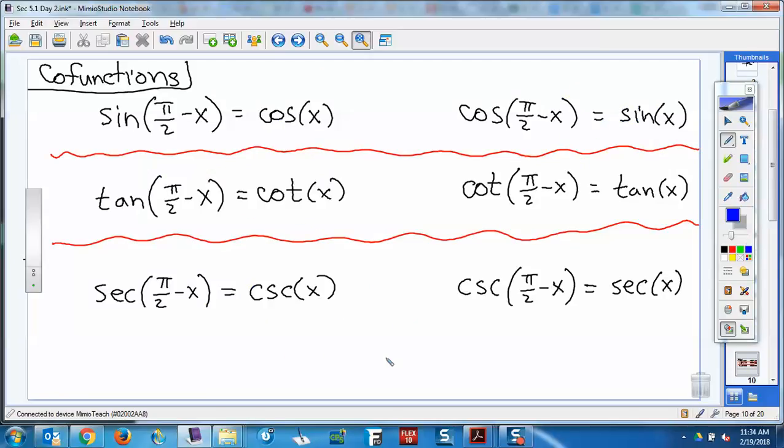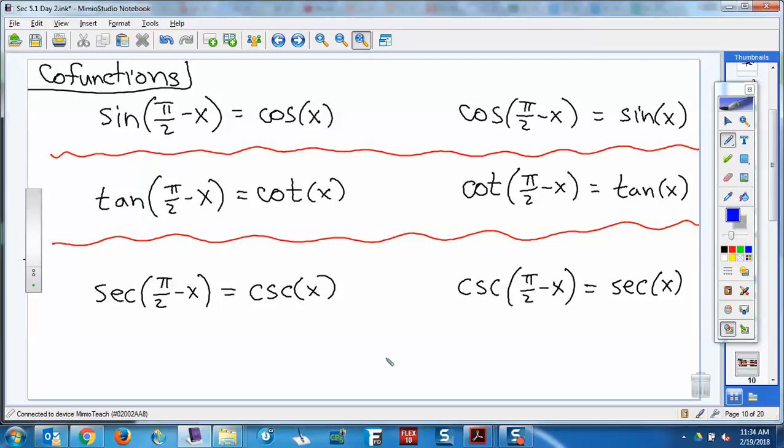Okay, then we have these cofunctions. Now these aren't going to show up a lot, but they're going to show up a little. Now what order do these have to be because of that minus? It's the same thing I was just talking about with taking out a negative. Usually the normal way is we want, think of it as complementary. The word cofunction, co comes from complement. They add up to 90. So you remember from geometry, if you have an angle 30, its complement is 60.